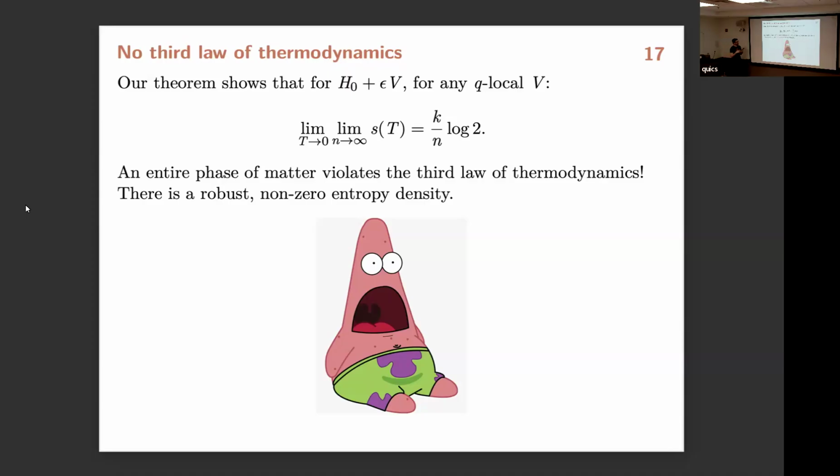So in some sense, we have an entire phase of matter where the third law of thermodynamics, that entropy density should vanish, is false, in some neighborhood of the fixed point.